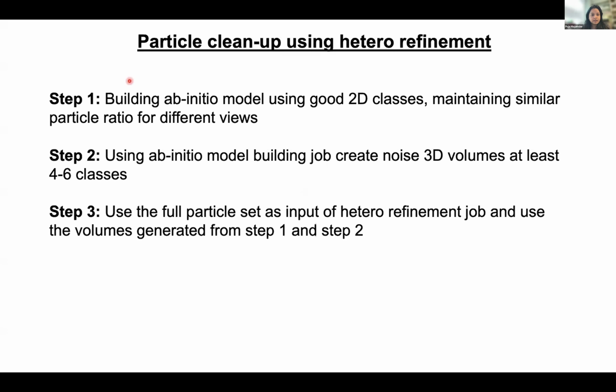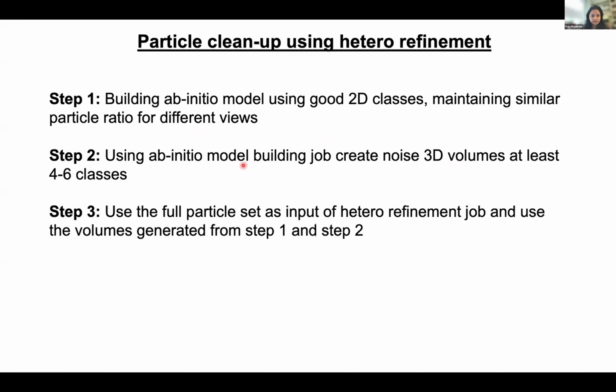Step 1 is building an ab initio model using the good 2D classes that we have, and I try to maintain a similar particle ratio for different views. In step 2, I used another ab initio model building job, and then created noise 3D volumes, at least 4 to 6 classes.